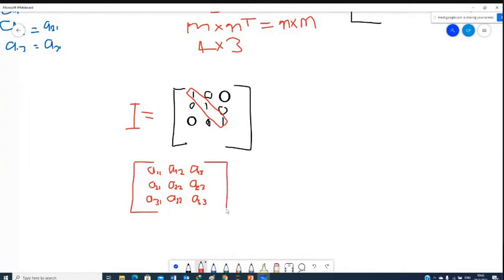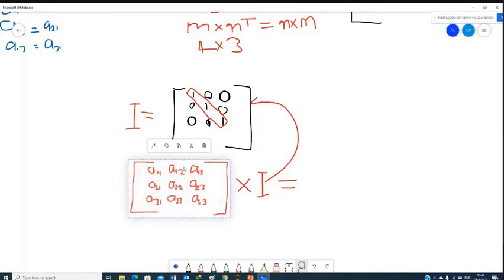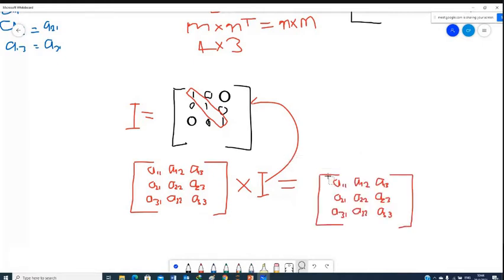So if we have a matrix like this, and if we multiply it by its identity, right? So in this case, its identity will be this. We still get the matrix.